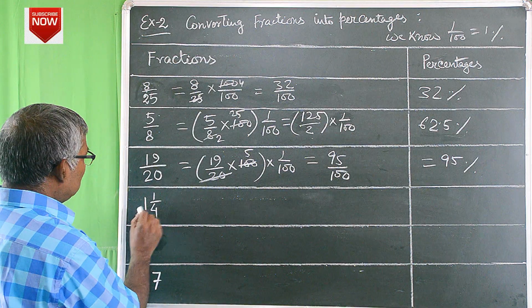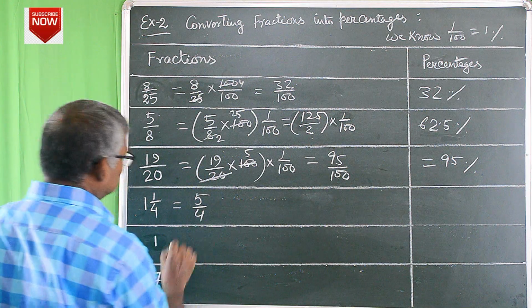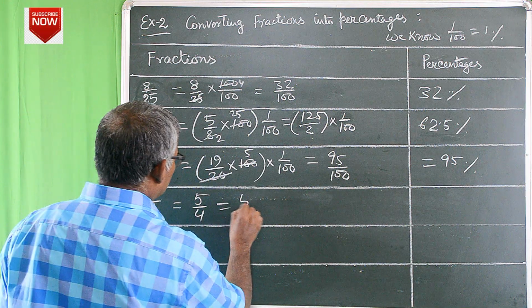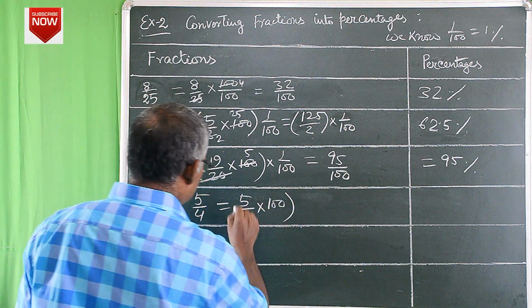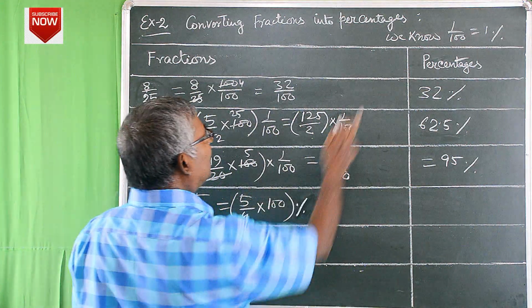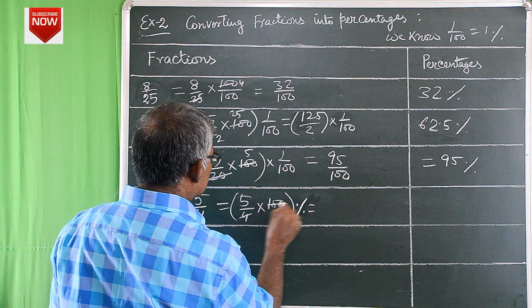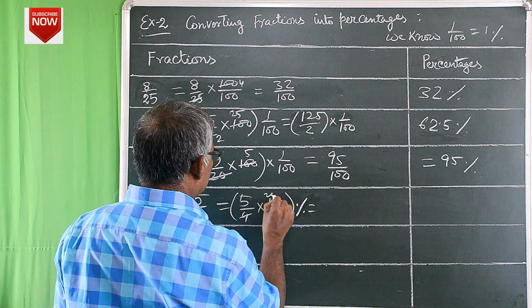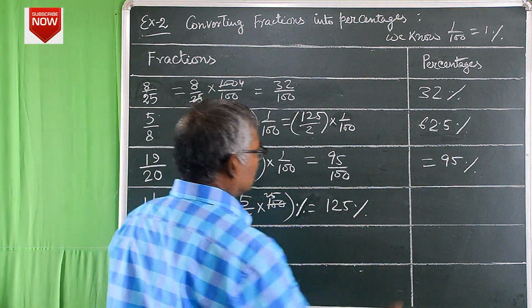Similarly, 1 whole 1 by 4 equals 5 by 4, equals 5 by 4 into 100%, because 1% means 1 by 100. Therefore, this can be written as 125%.